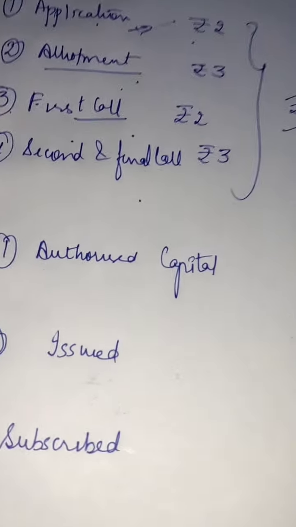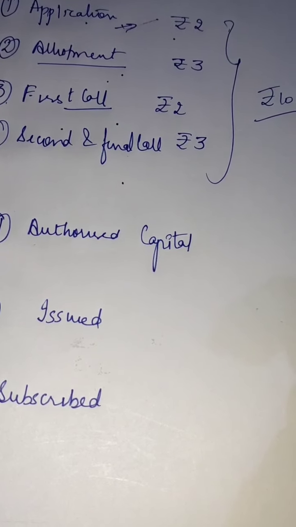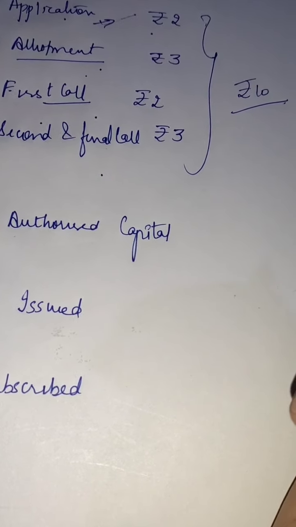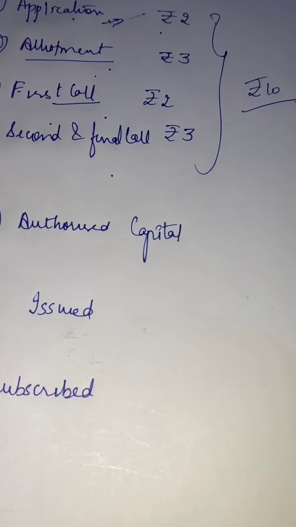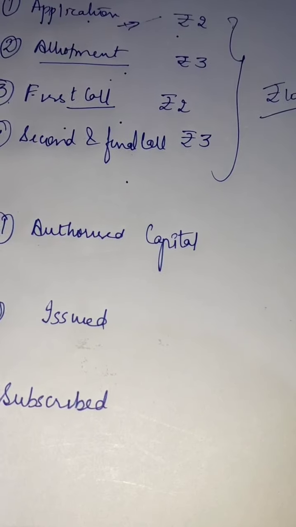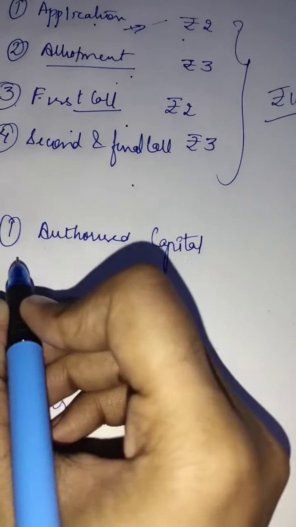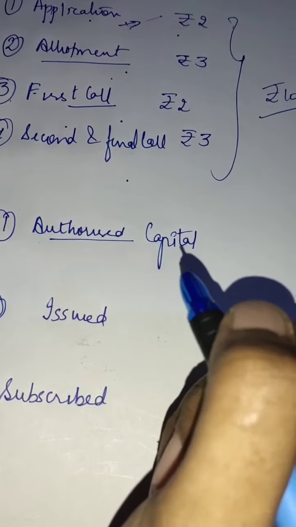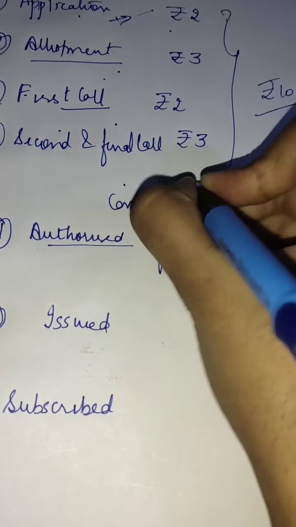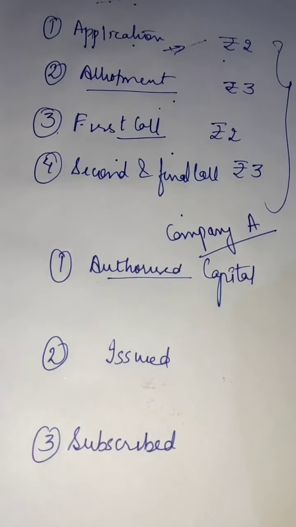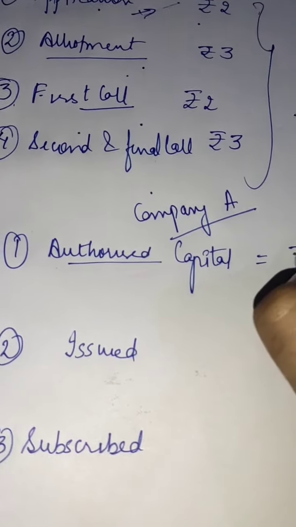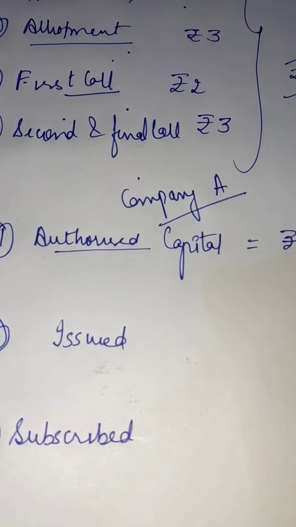When the company wants to start a business, they have to take permission from the registrar office about how much they are going to invest in the company. They have to give the amount, and if the registrar approves that amount, that will be considered as authorized capital. Let's suppose a company A got the permission of authorized capital of rupees 10 lakh.